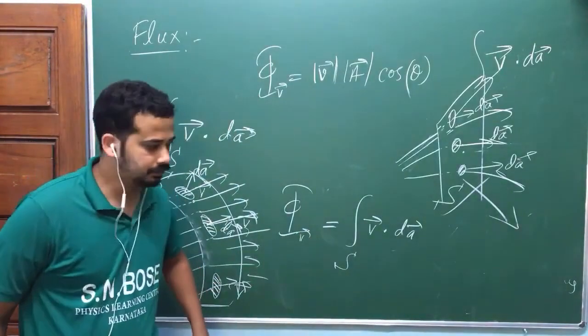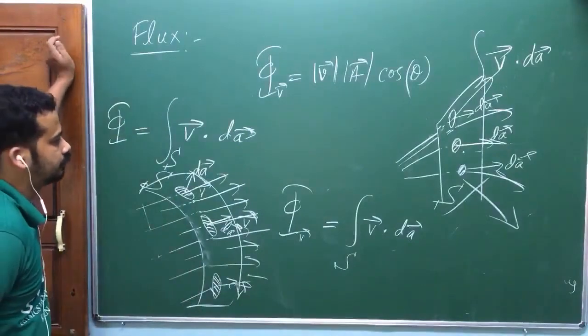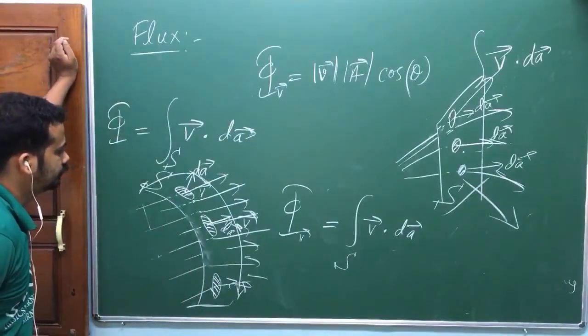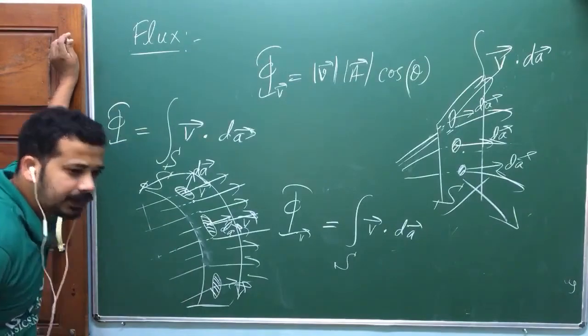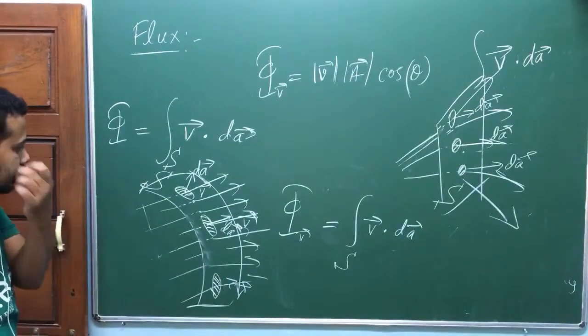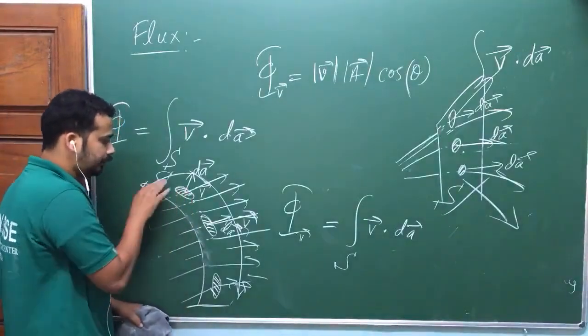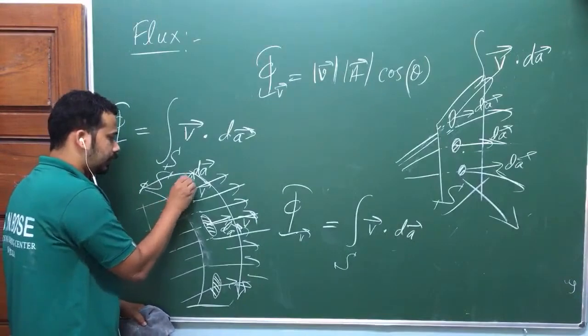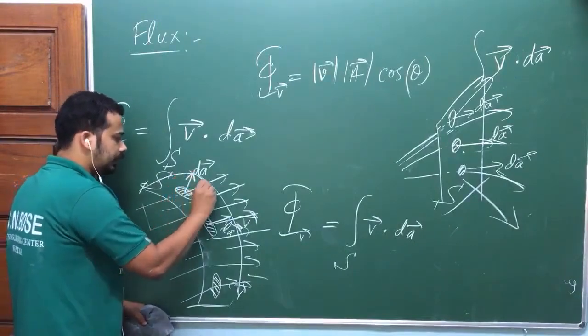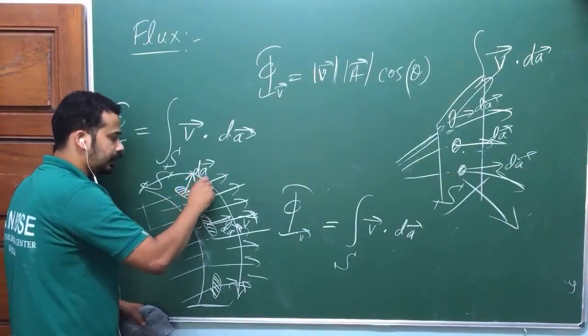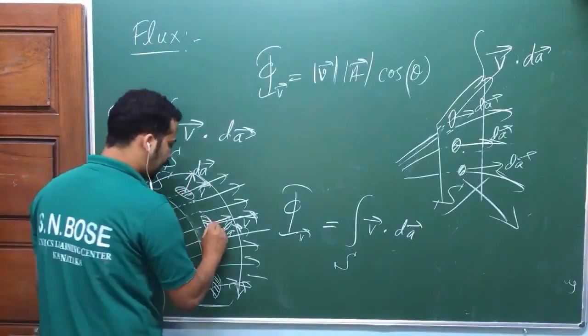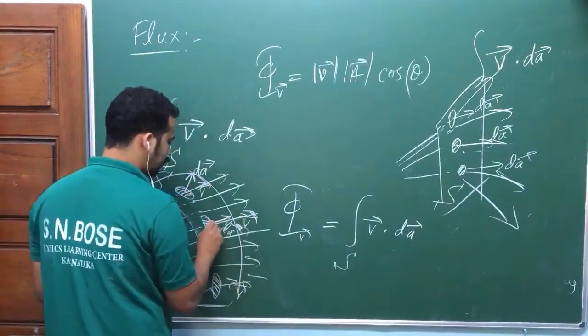Sir, the direction of the area and the curved surface area, both are the same? No, that depends on the situation. That's what I'm saying. Now look here. In this part of the area, your area vector is like this and your vector field direction is like this. In this part, your vector field direction is like this.